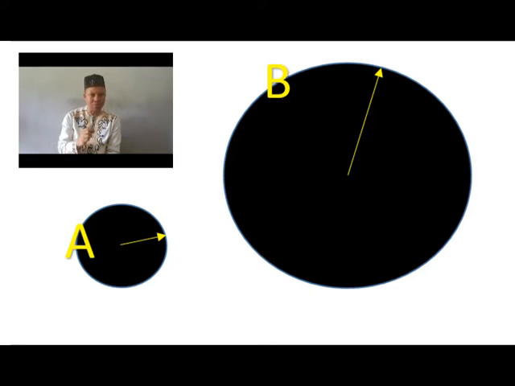So you will agree with me that radius is not constant. Rather, it is dependent on the size of the circle. So that is what variable means. Radius is not constant, it's a variable because depending on the size of the circle, a radius might change.